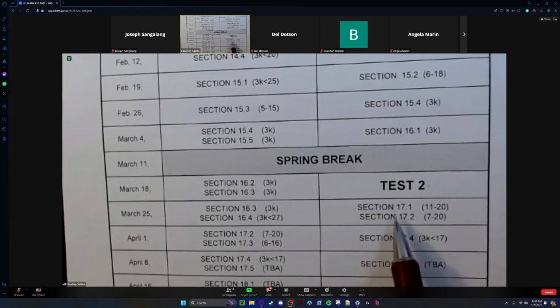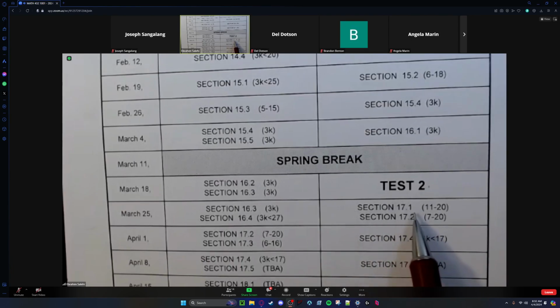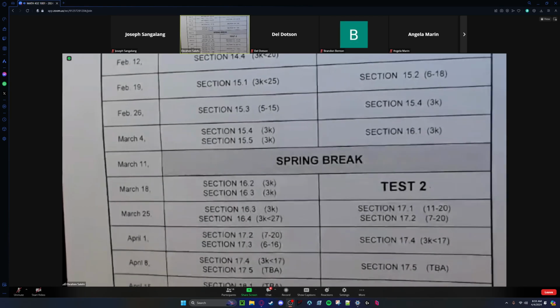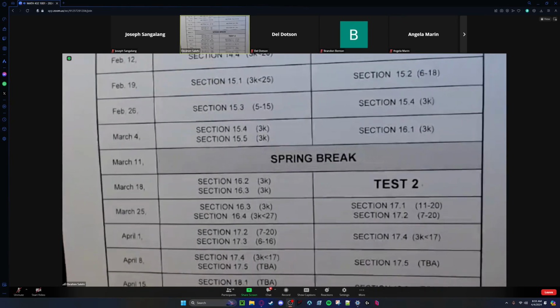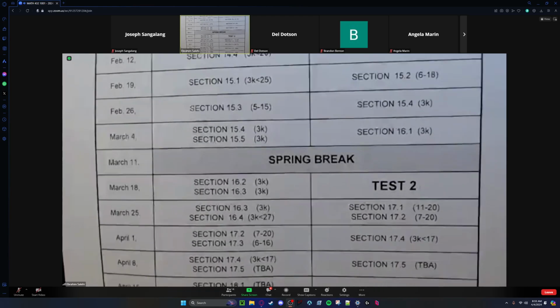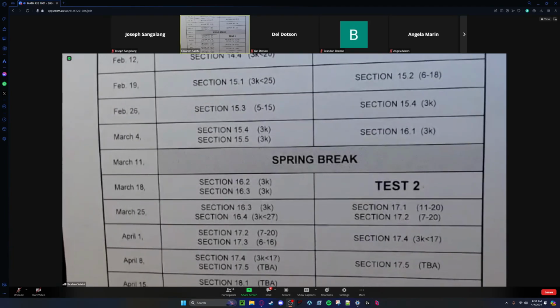Today, I will start 17.1, but there is a lot of material in 17.1. And I don't think that I'm going to follow this spreadsheet anymore because of the significance of the material remaining. So today I will start chapter 17.